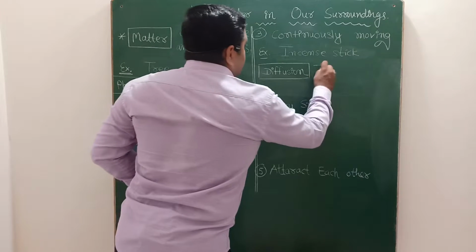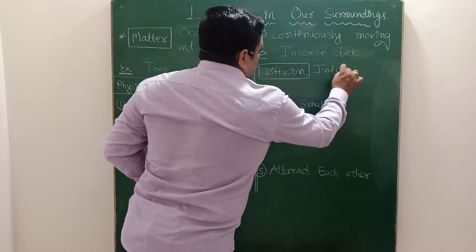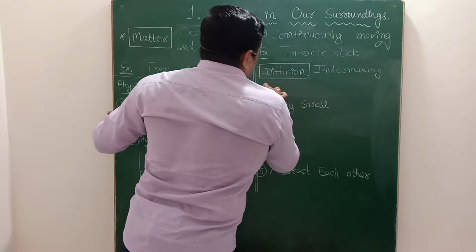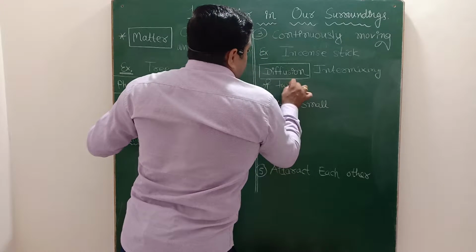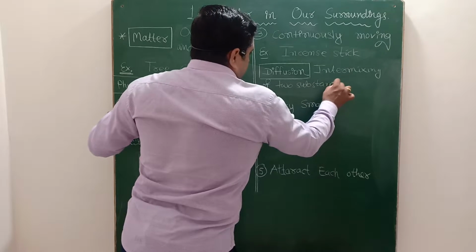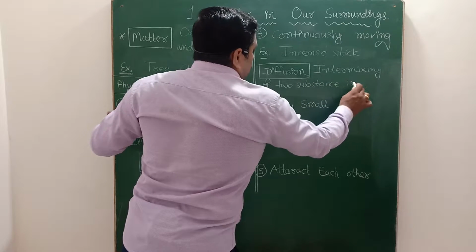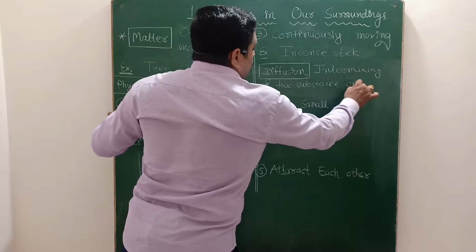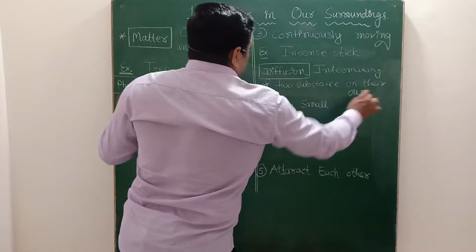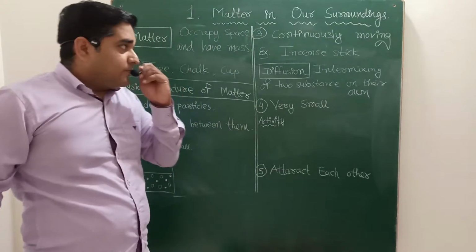The intermixing of two substances on their own is called diffusion.